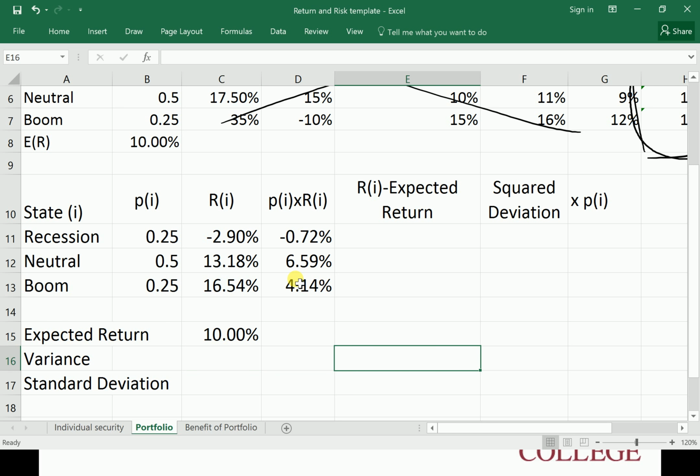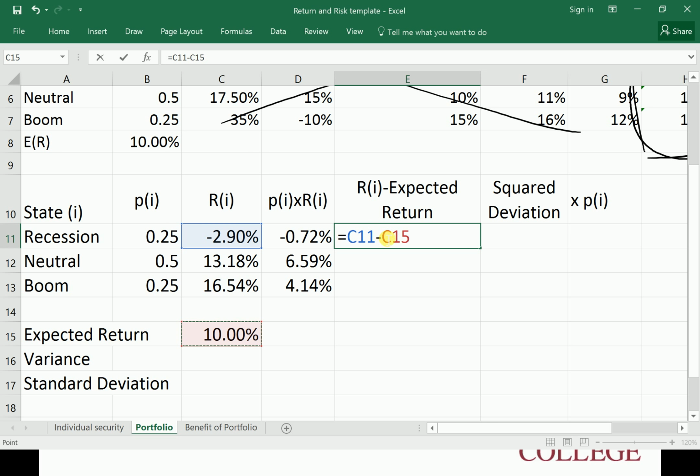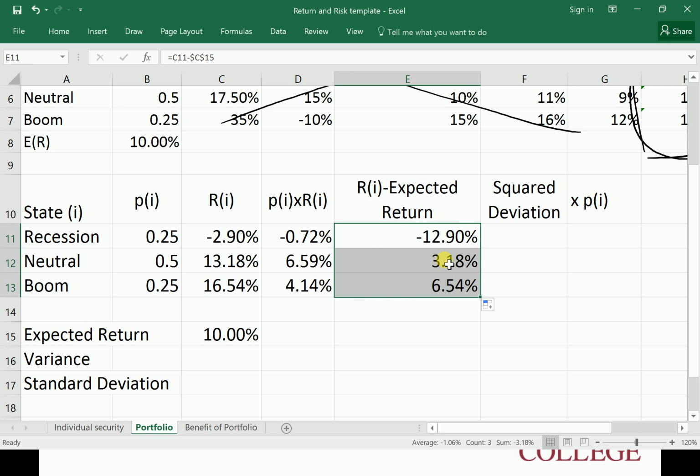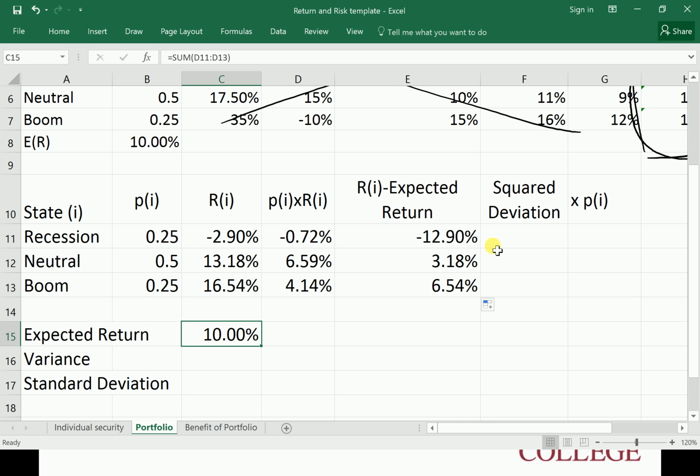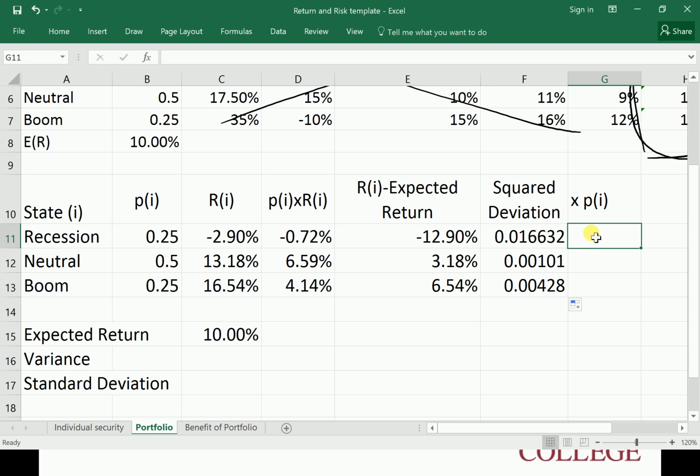Now what about the variance? Variance will be, again, the return minus expected return, the deviation, and let's fix and copy so that we can compute the deviation from each return and the expected return here, and then take the square and times probability.